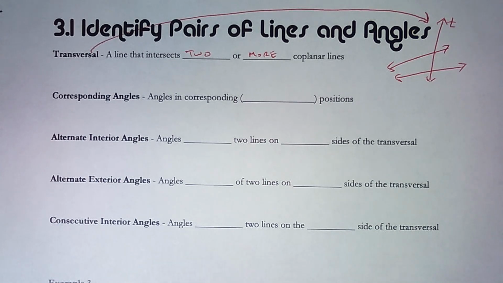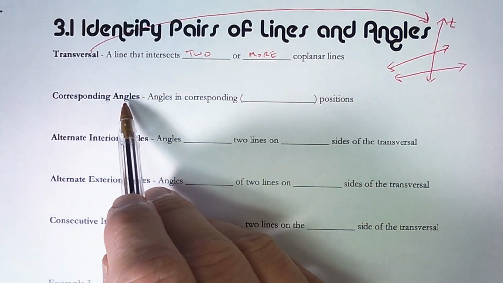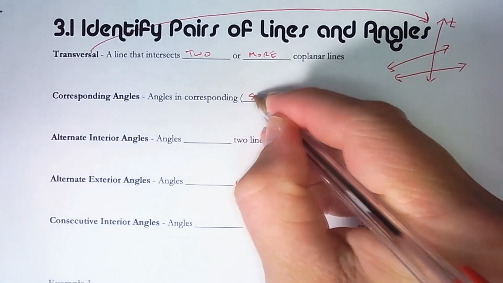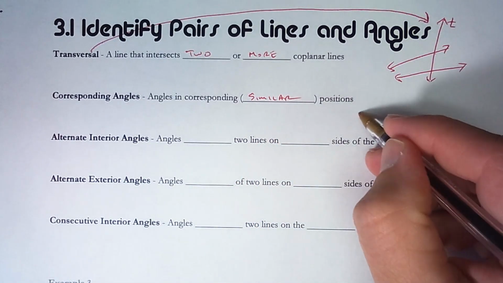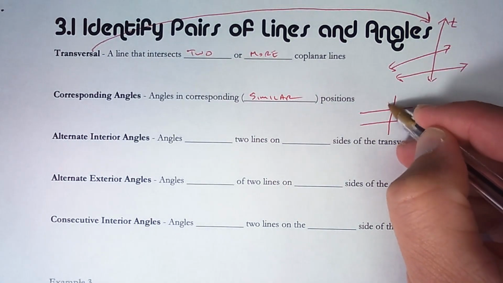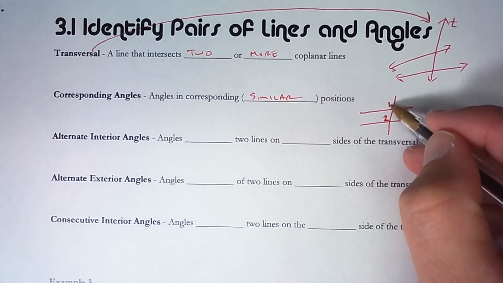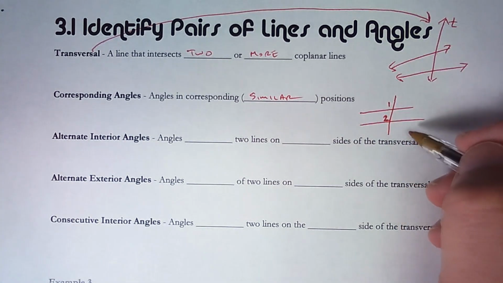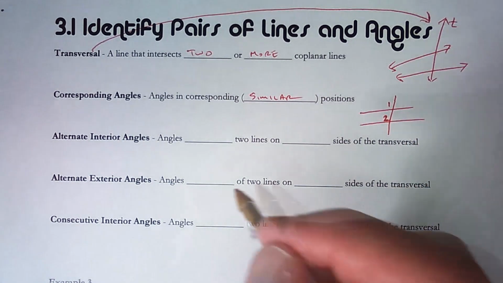Now, based on two lines and a transversal, corresponding angles are angles in corresponding or in similar positions. For example, here's two lines and a transversal. Angle 1 and angle 2 are both kind of in a top left position. So those are corresponding angles.